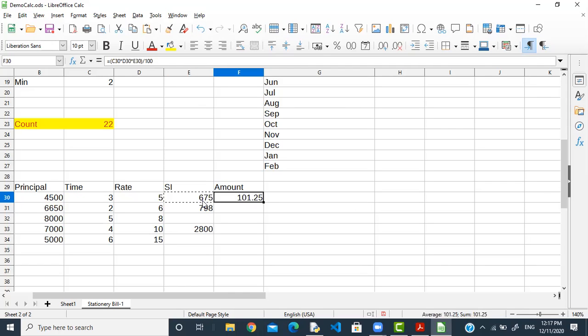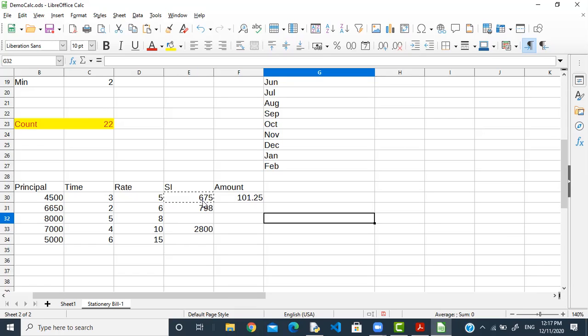If I copy this formula two rows down, so 30, 31, 32, and two columns right, then in place of the B it becomes something else, because this formula is in E and I am shifting one more cell here.